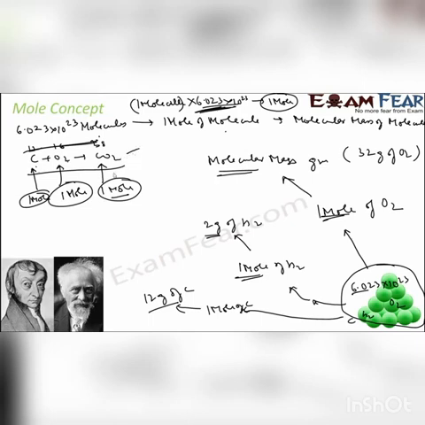But looking at the equation, you can say that 1 mole reacted with 1 mole or 2 mole. And 1 mole, we just told you, is of any species: atoms, molecules, ions or particles. This mole concept is not only for molecules. It can be for atoms, for ions, for any particles.